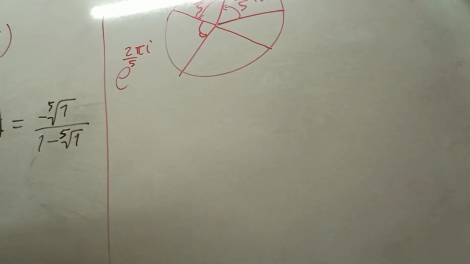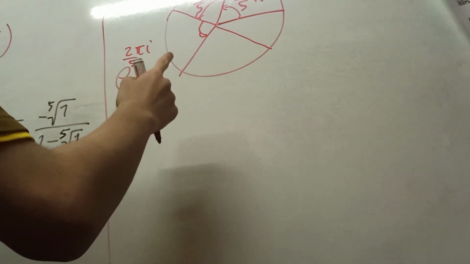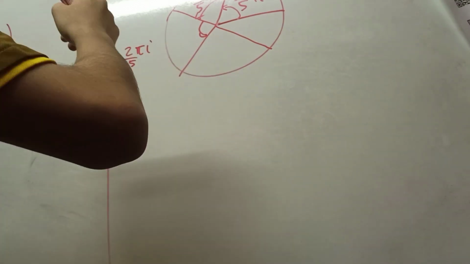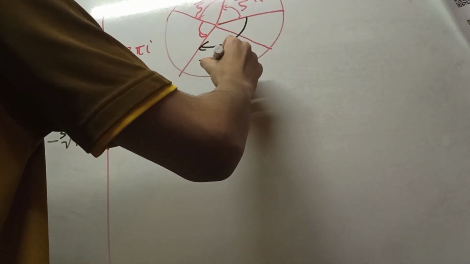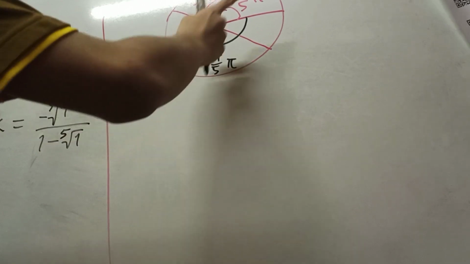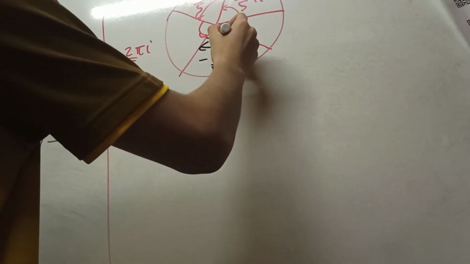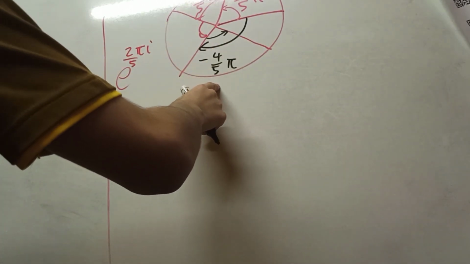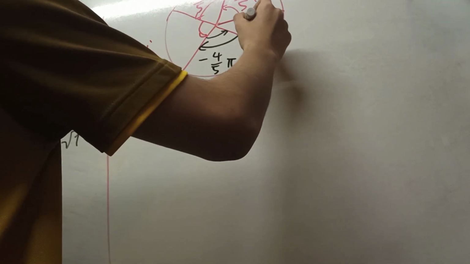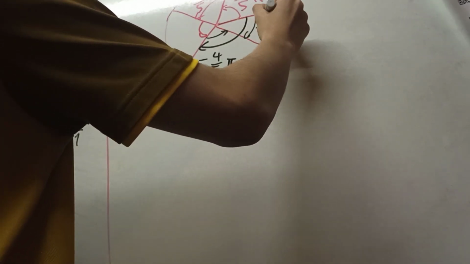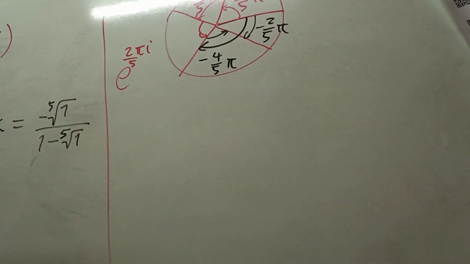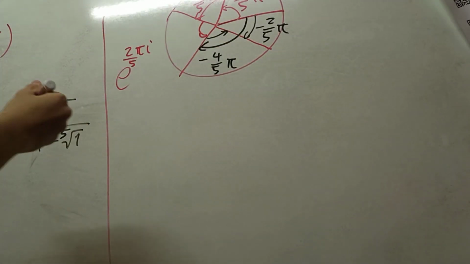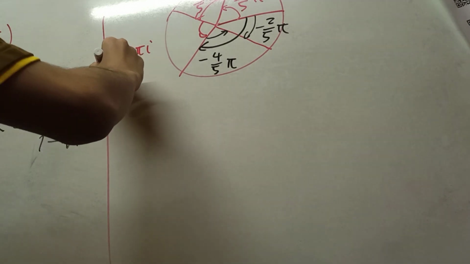We can simplify that, and I will do that actually. So that would be minus 4 over 5 pi. And then we go more to this side by 2 over 5, which would be minus 2 over 5 pi. And there you go. That is all that we have. So we have 1.